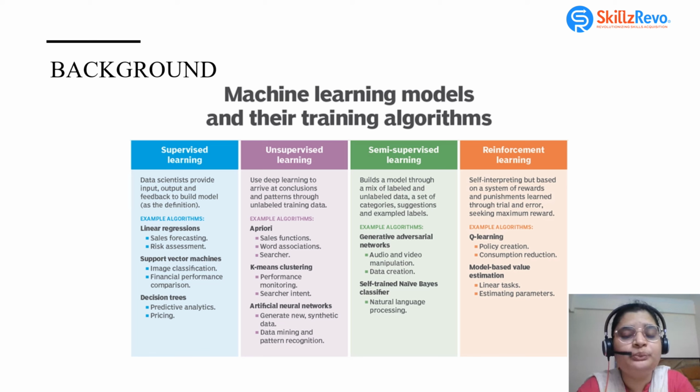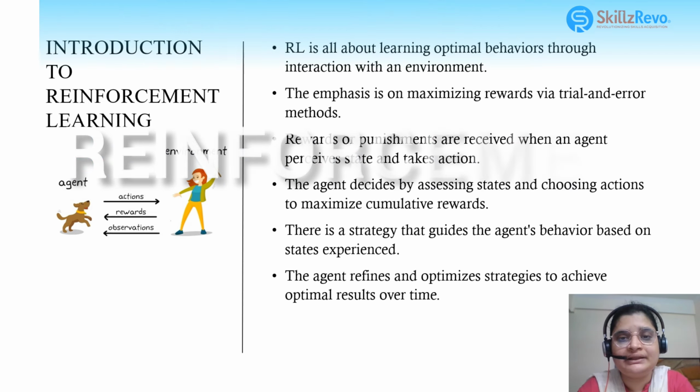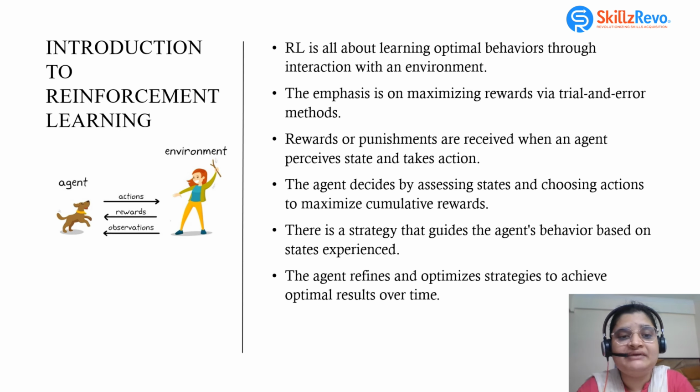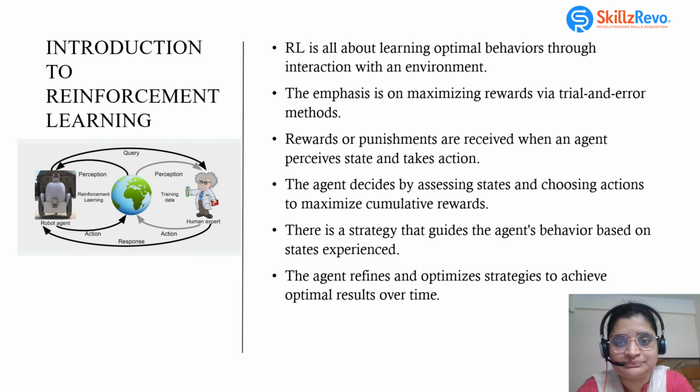Now that you are through with the difference between the different techniques, let's take a deeper look at reinforcement learning. Reinforcement learning is a specific area of machine learning that emphasizes learning optimal behaviors within an environment to maximize the rewards through interaction and feedback mechanisms.